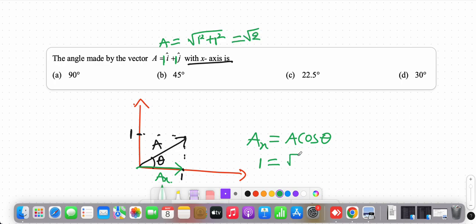So A is root 2, cos theta. That implies that cos theta is 1 by root 2. That implies that theta is 45 degrees, which is your final answer. So students who solved it, it's very good.